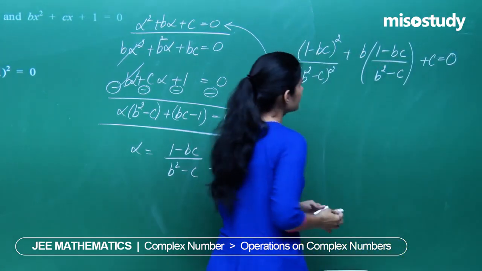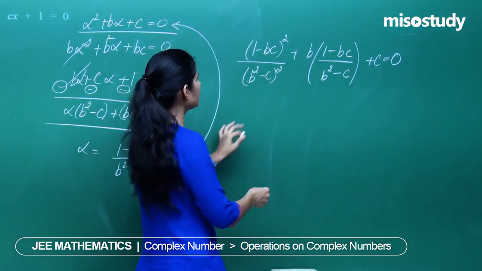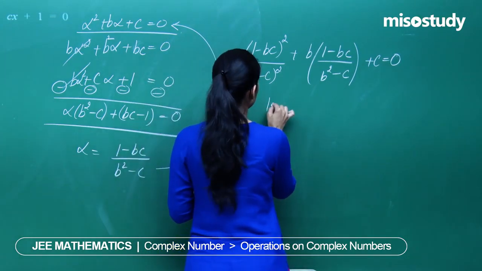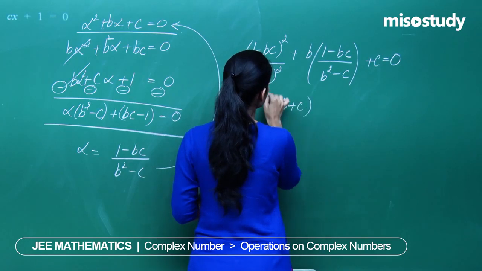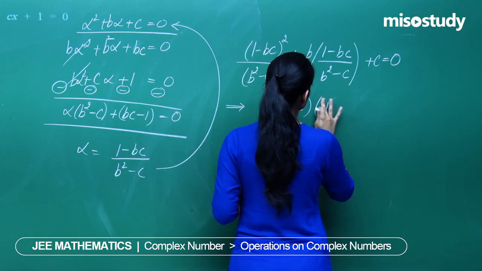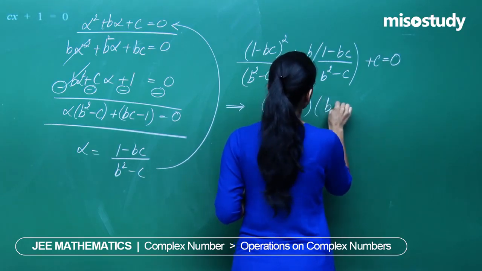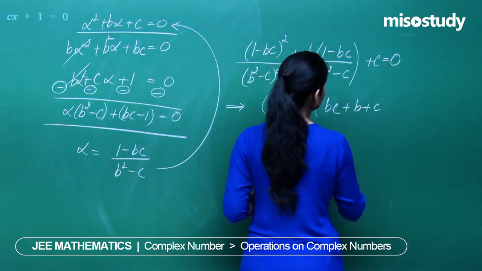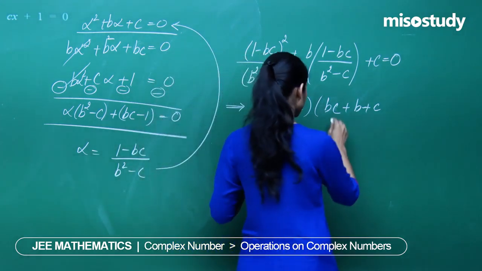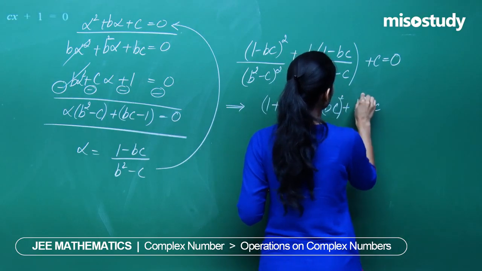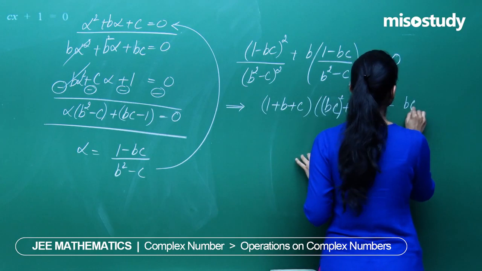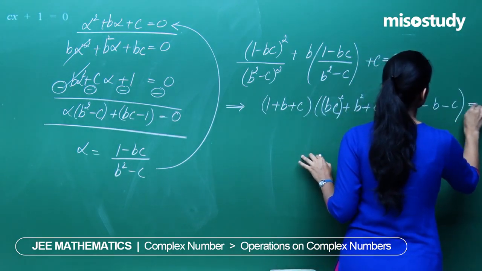Now next what you get is, once you have this being satisfied, when you eventually solve this out, you get 1 plus b plus c. After that you have bc plus b plus c, 1 plus b plus c, bc square plus b square plus c square, minus bc minus b minus c equals 0.